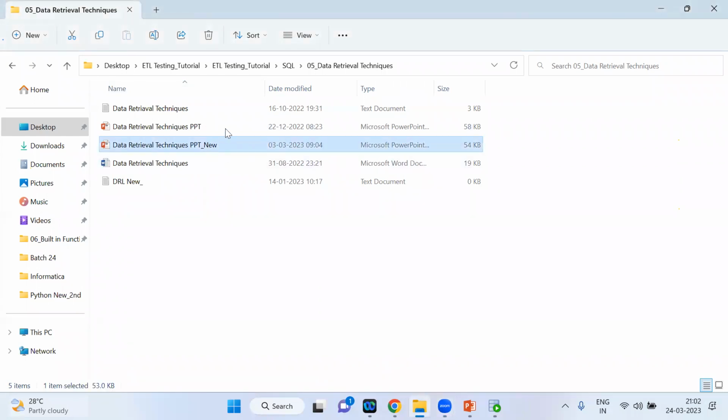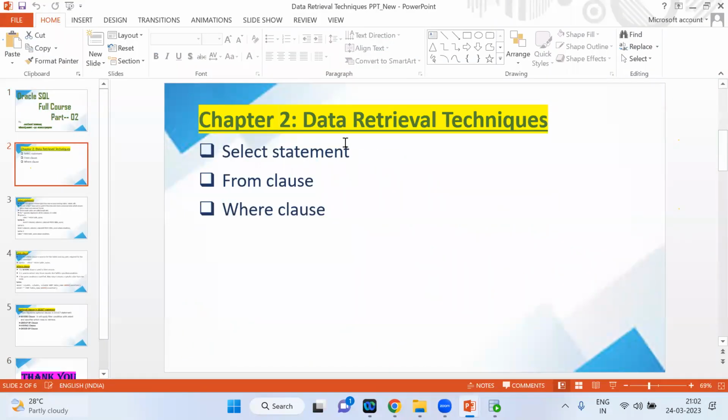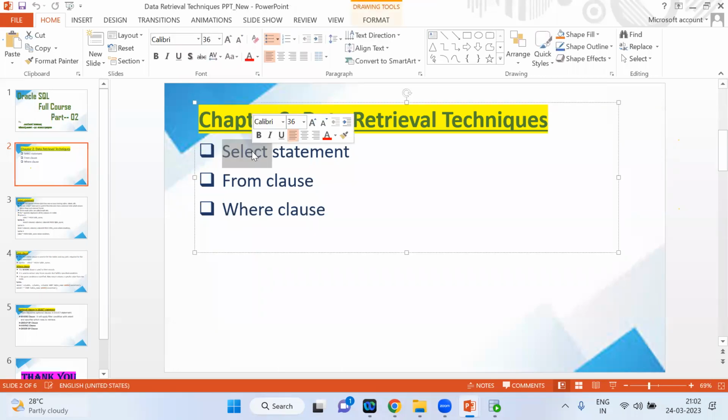Okay, so the next chapter will be data retrieval techniques. In this, we are going to learn the SELECT statement, very basic. Then the FROM clause, and with this SELECT FROM clause, you can add the WHERE clause. So let's learn this tomorrow.